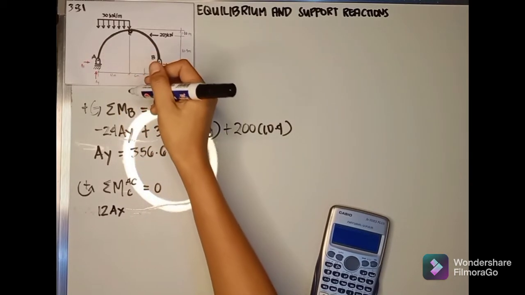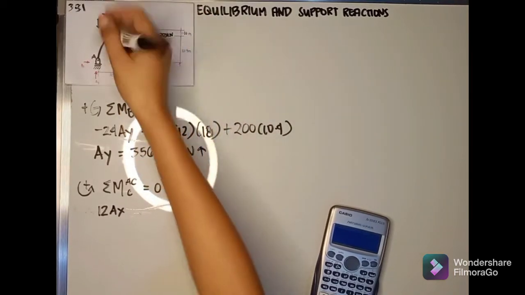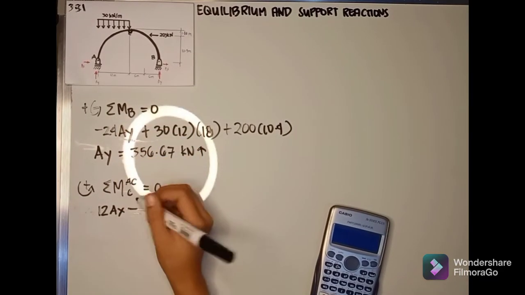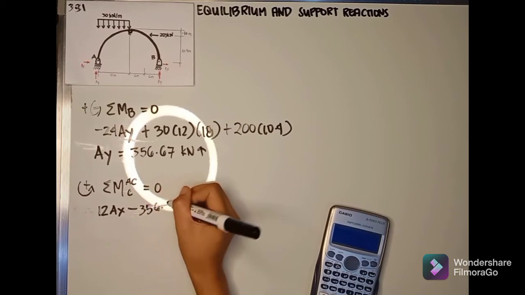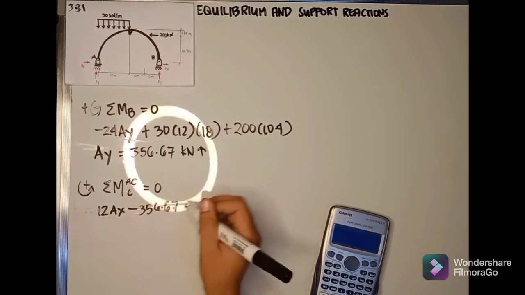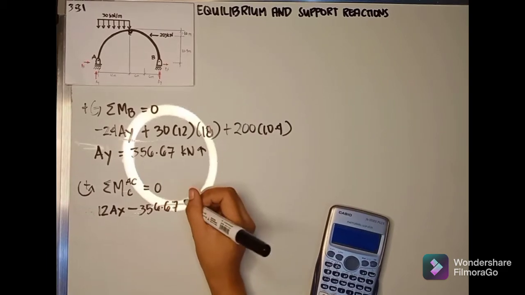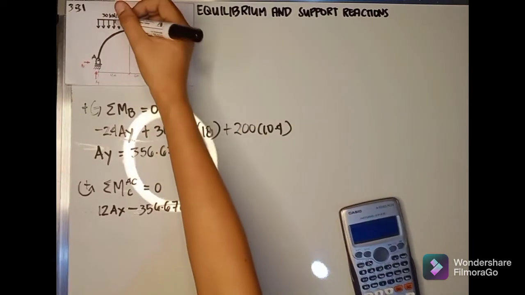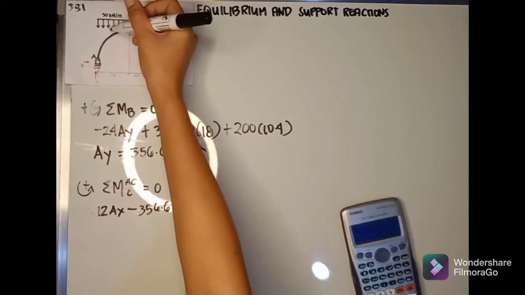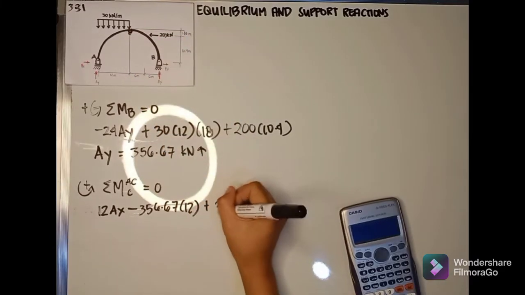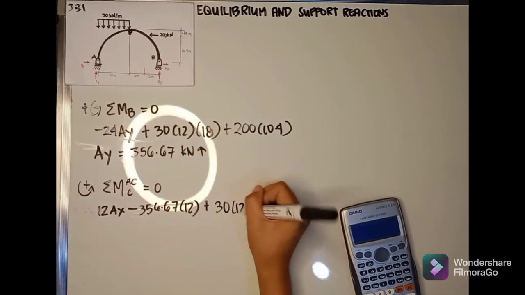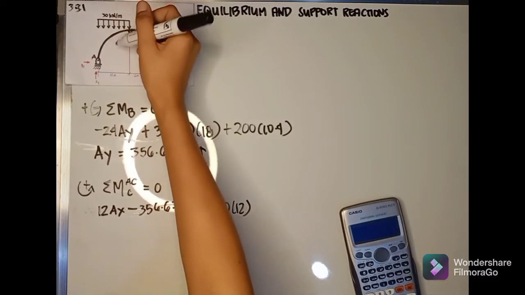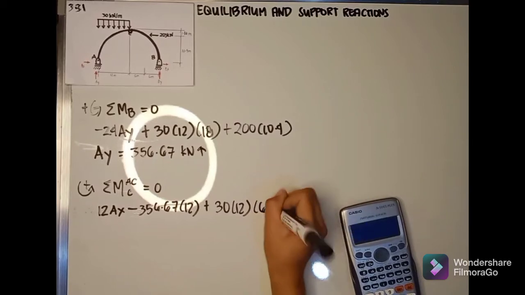For AY, the rotation is clockwise, so negative AY, 356.67, moment arm of 12, plus the uniform distributed load, since the rotation is counterclockwise, so positive 30 times its area of 12 and the distance from its resultant to point C, so 6.